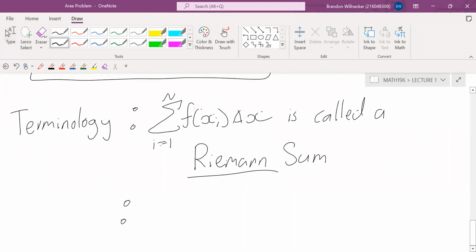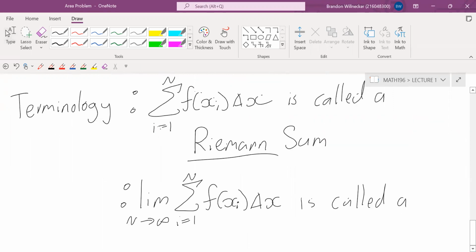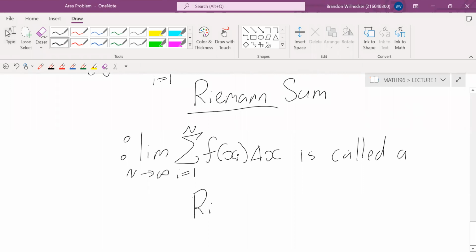And if we take the limit as n goes to infinity of the Riemann sum, the sum from i equals 1 to n of f of x_r delta x, then this is called a Riemann integral, again named after Riemann.